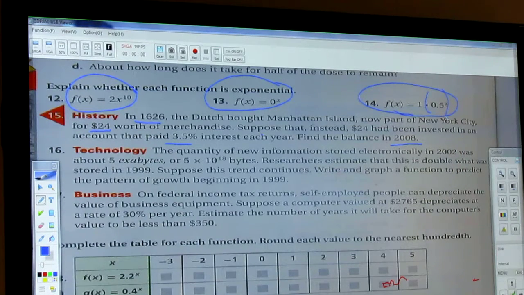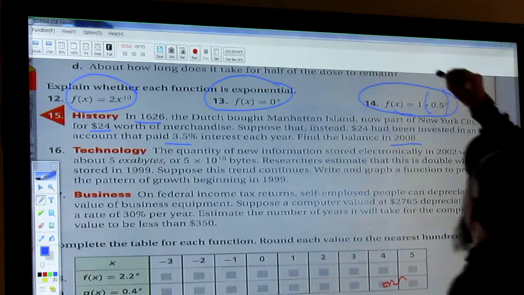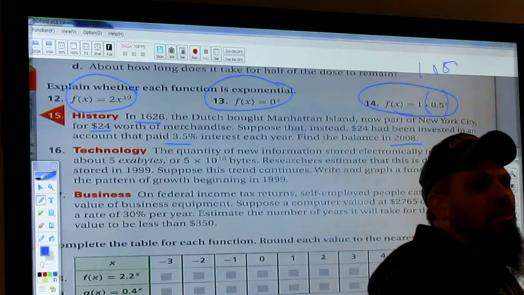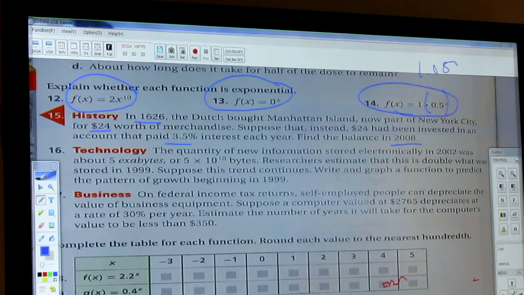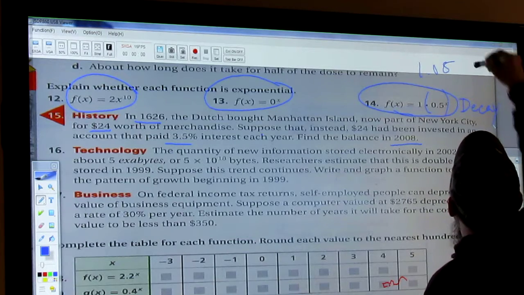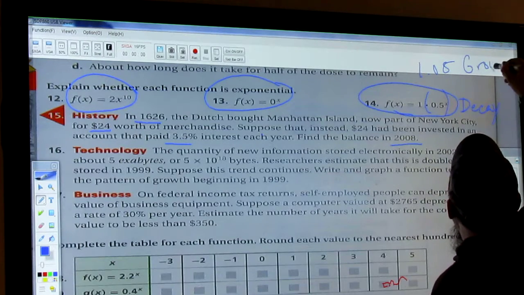If it's less than 1, meaning between 1 and 0, it's going to be decay. So it's decay. If this were 1.05, what would it be? Growth. So yes, this is decay, and this would be growth.